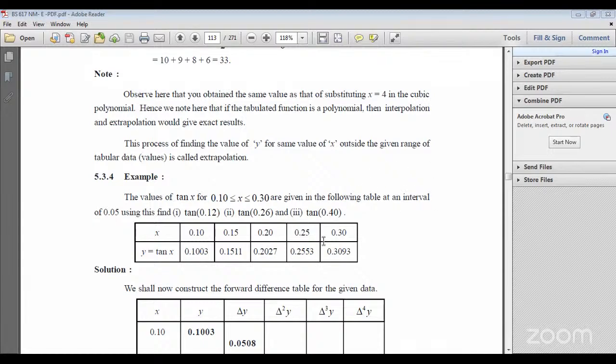The values of tan x for 0.10 less than or equal to x less than or equal to 0.30 are given in the following table on the interval, using this one, tan 0.1, tan 0.6. We are taking tan.